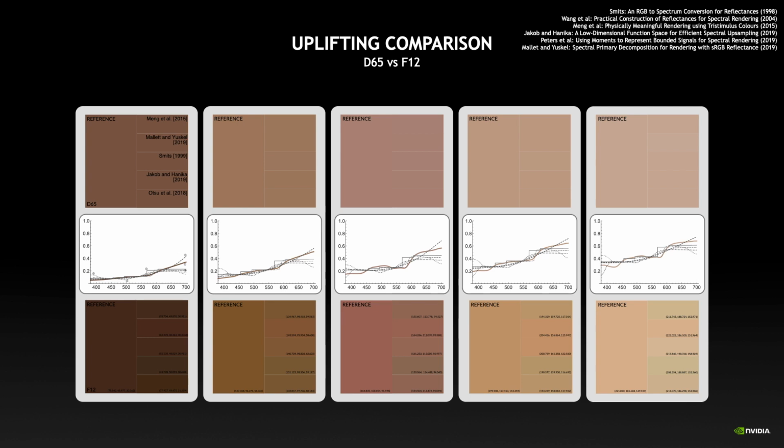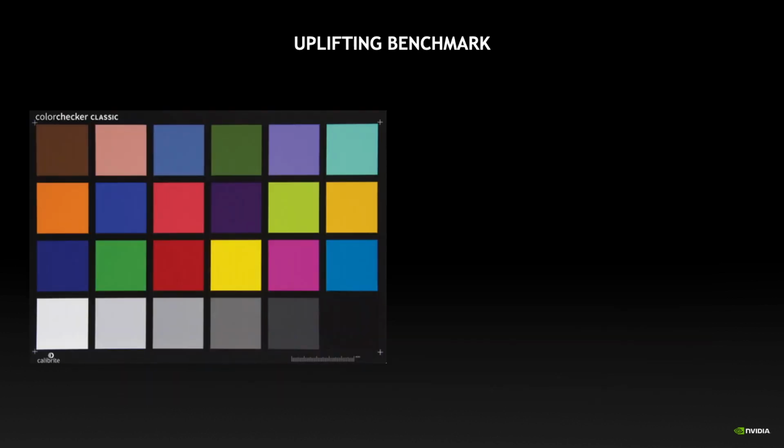The situation changes if I switch to a fluorescent light source. In this example, I used F12, which is quite a spiky light source, and so you can see differences in the color there. Does it mean that one of them is worse than the other? Not really. As I said, it's a metameric thing.